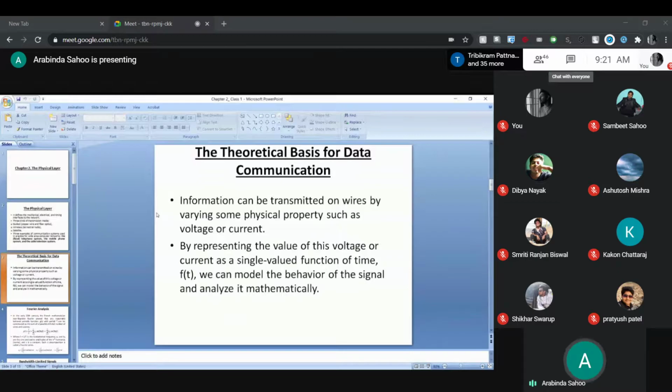So you are transmitting on wire by varying some physical property such as voltage or current. If you consider voltage and current, its physical property, like voltage amplitude, varies with respect to time.